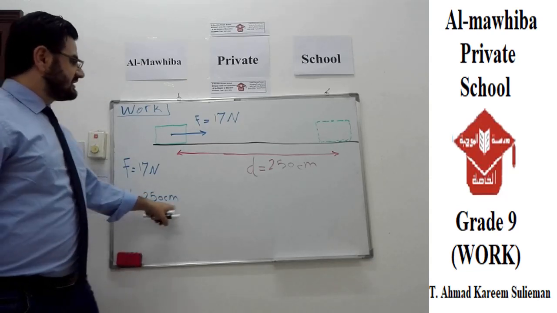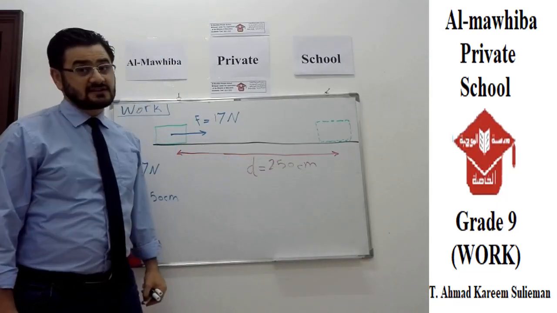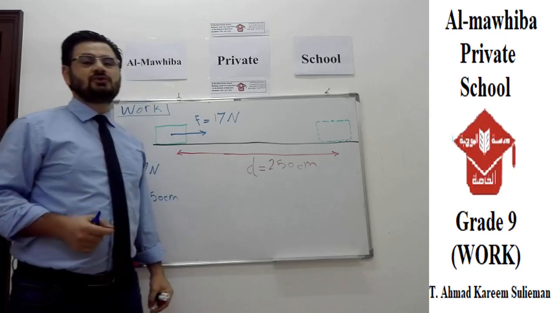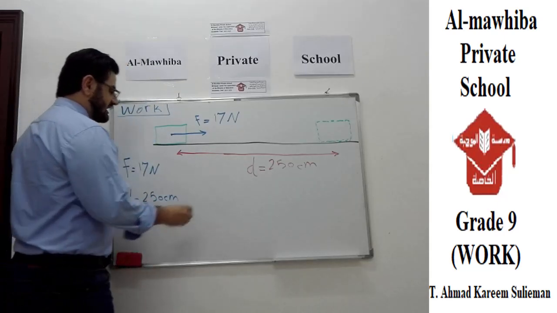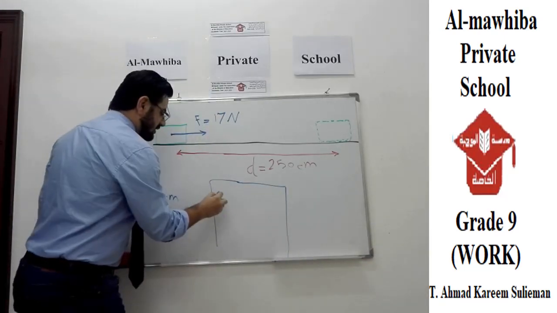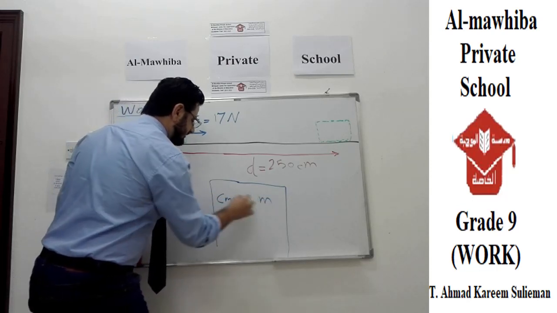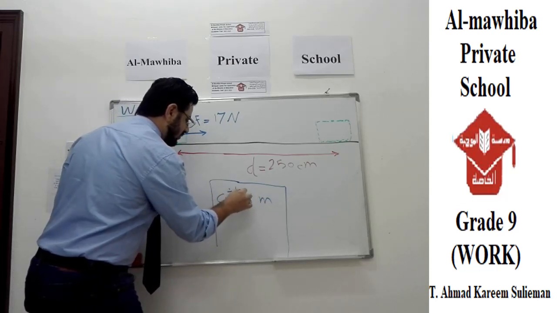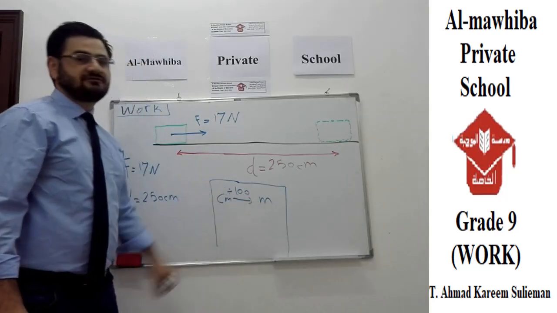The unit given here for the distance is centimeter. We cannot use it. We have to change it to meter. And let me put here a note, in the box of notes: when we want to go from centimeter to meter, we have to divide by 100.